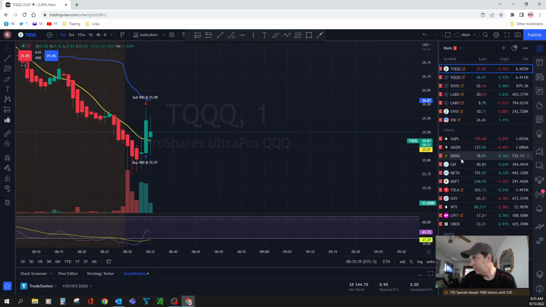Lots of green. DraftKings is up, GM is up, Meta's up, Tesla's up, Lyft and Uber are both up. So it's sort of a mixed bag, which means it can go either way. SQQ is up 2%, so we'll go back to SQQ.